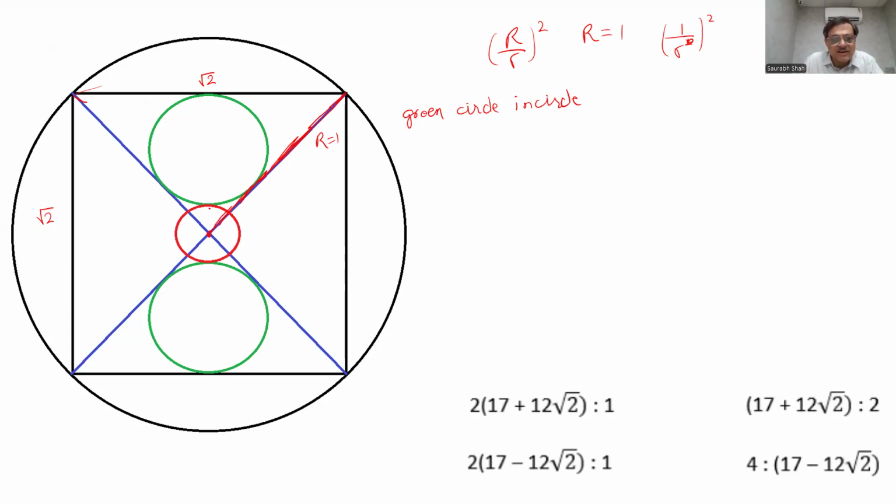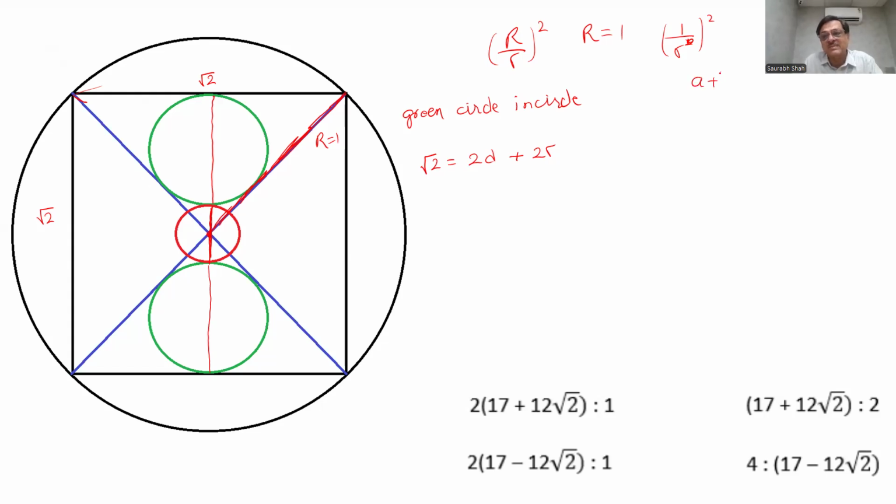Now how do I get the radius here? This is the radius that I want. So this is the diameter of the in-circle, and this is the diameter of the in-circle. So I can simply write root 2 is equal to 2 diameters of the in-circle plus 2r. Now what is the in-radius of a right angle triangle?